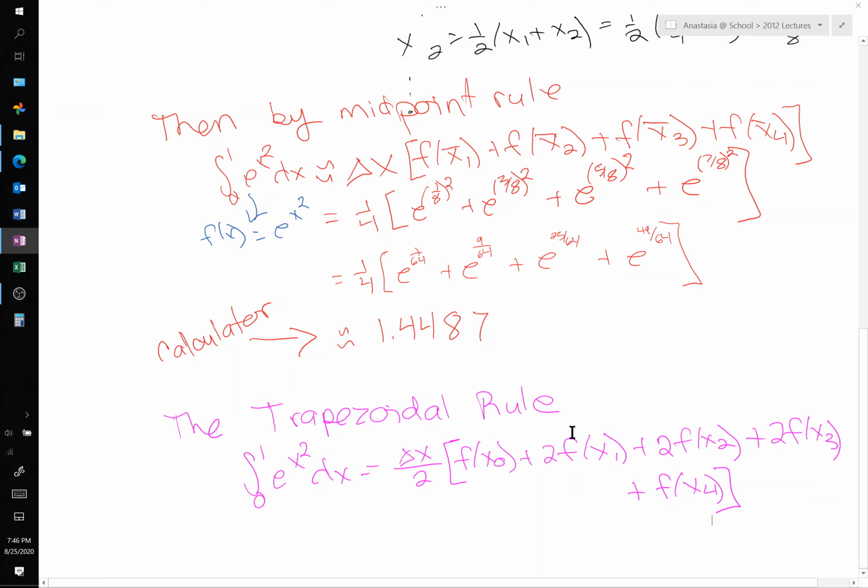So notice for each one of our interior endpoints, we have to multiply those function values by 2. The first one and the last one we do not multiply by 2, and then we need to divide the delta x by 2. So that's a little bit different from what we have up above.